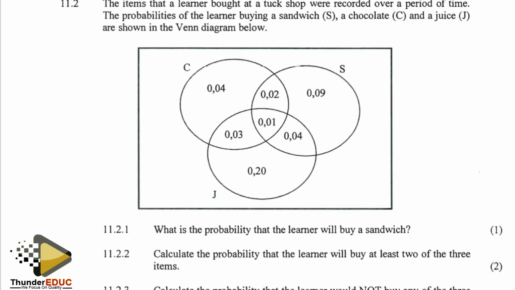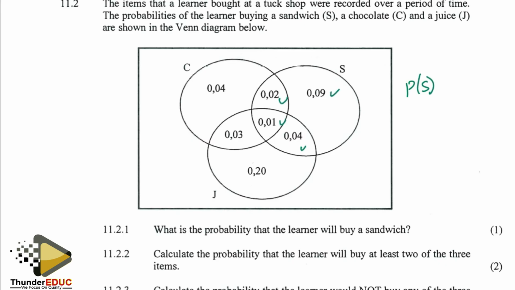11.2, they're telling us that the items that a learner bought at a tuck shop were recorded over a period of time. The probability that a learner buys sandwich S, chocolate C, and juice J is shown in the Venn diagram. What's the probability that the learner will buy a sandwich? For sandwich, we just have to add this.